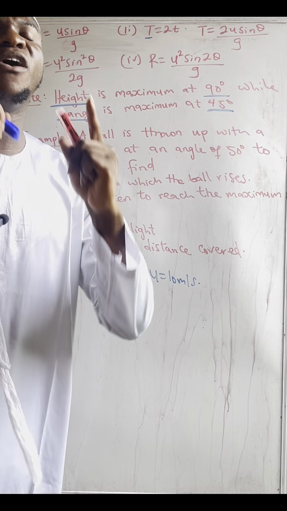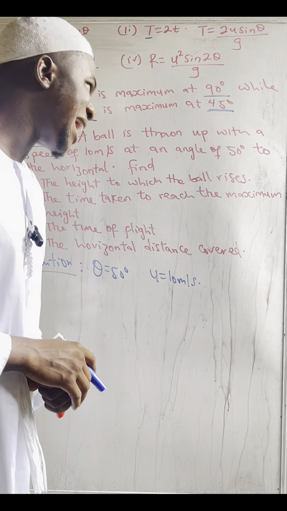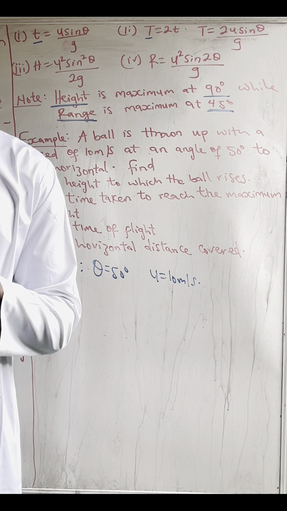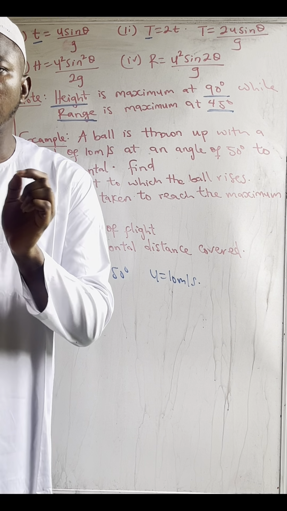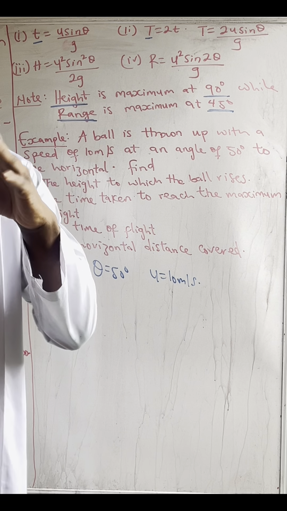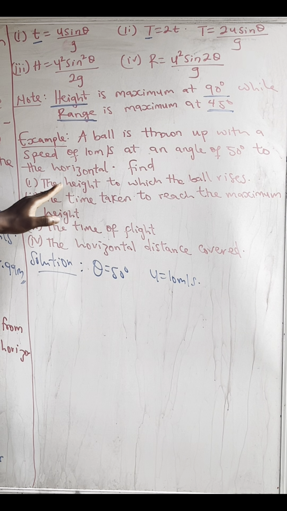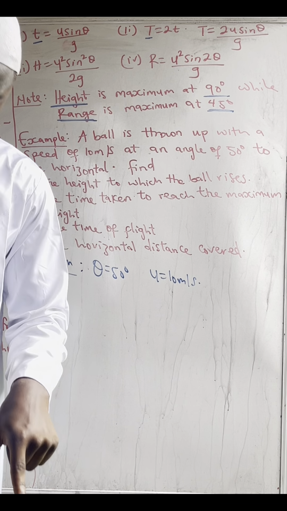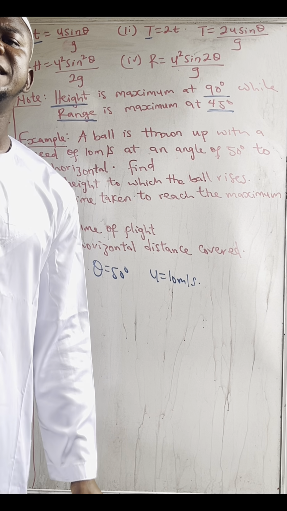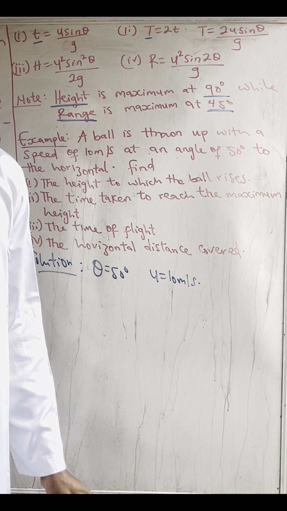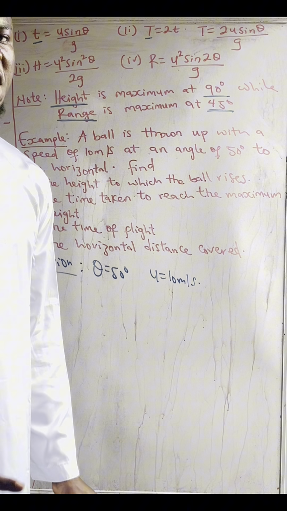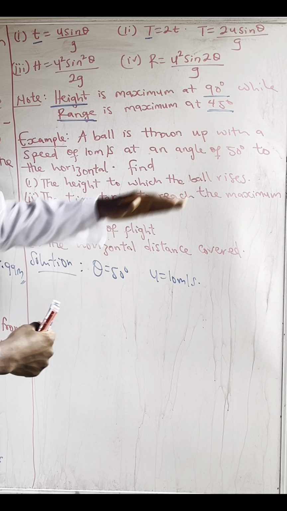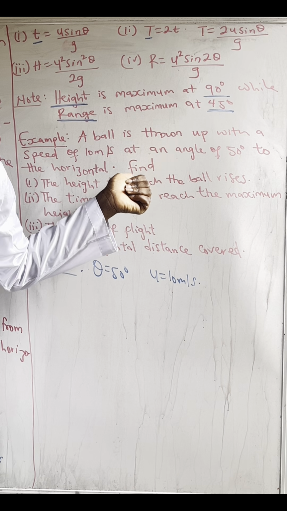So guys, before I continue, whenever you have a physics question, physics is very simple, but you have to take note of some important things when you want to approach the question. The question says 50 degrees to the horizontal. You have to note from right now that the angle of projection must always be to the horizontal. If they want to confuse you, a particular question may give the angle to the vertical.